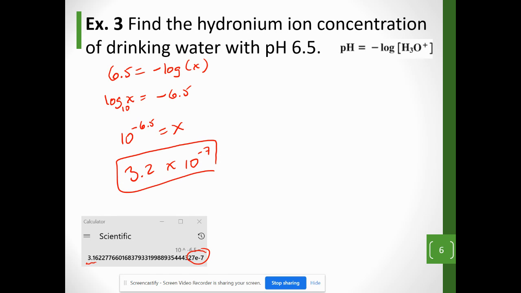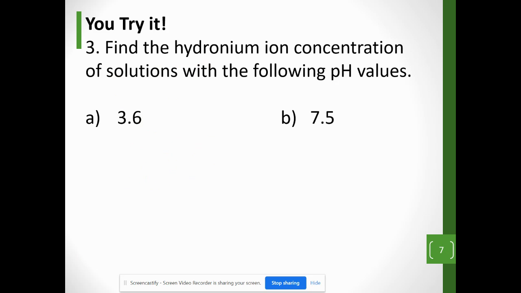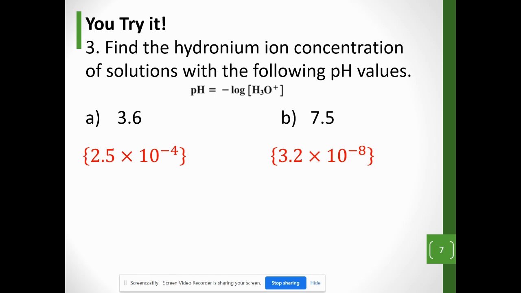I rounded it to 1 decimal place. You can see 3.2, but the little E negative 7 at the end just told me I have it in scientific notation, 3.2 times 10 to the negative 7. Now you guys can try this at home. Don't forget your formula, and those are your answers.